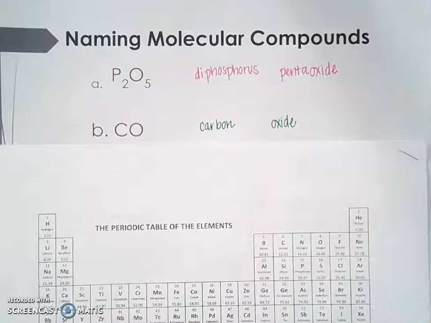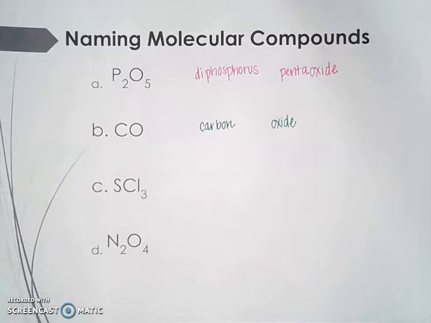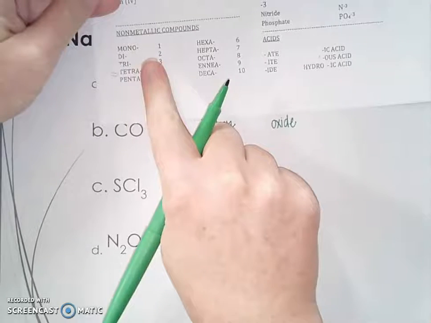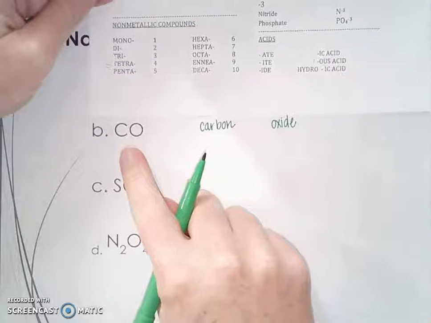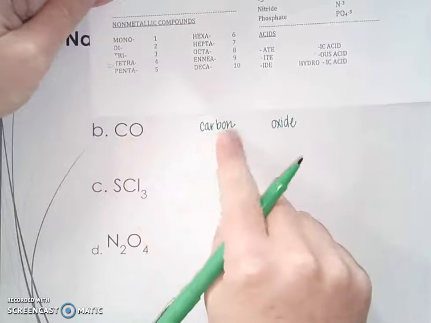But because we're using molecular compounds, because we have 2 nonmetals, we need to make sure that we use prefixes. So I'm going to go ahead and turn to my list for my prefixes here. So C, there is only 1, but you cannot put mono on the first element. So it just stays carbon.